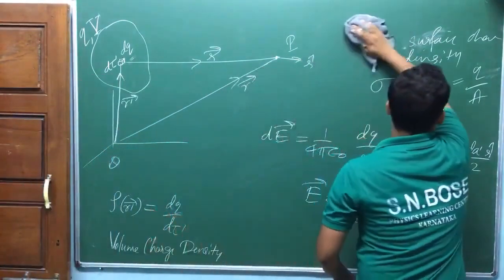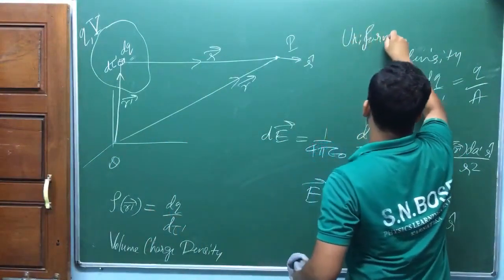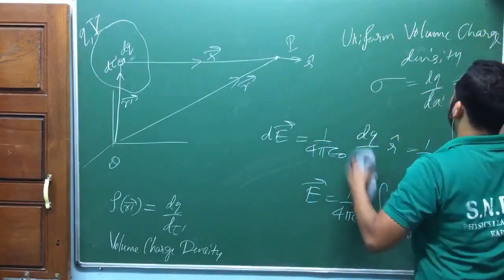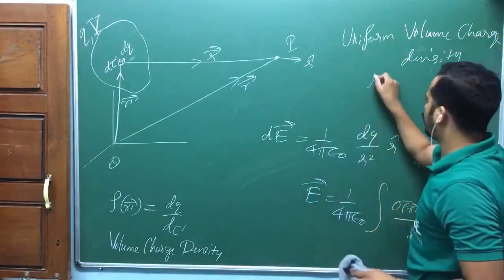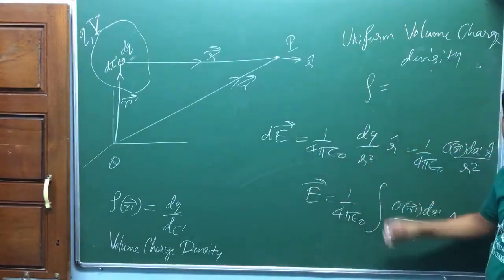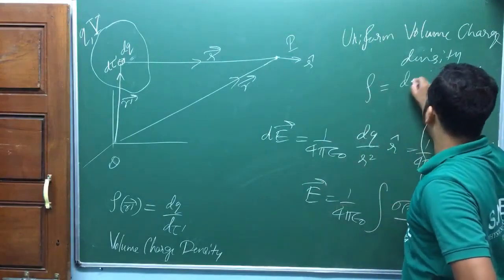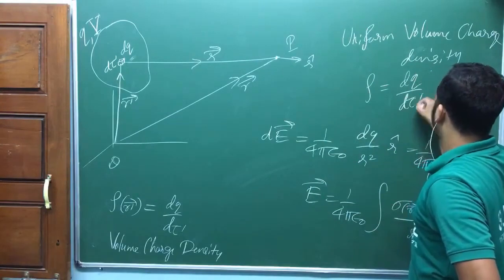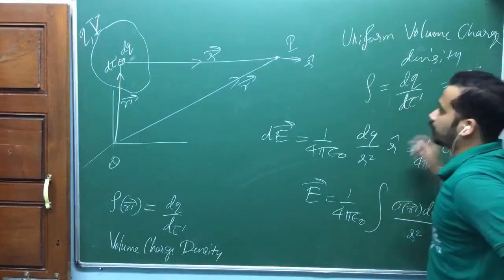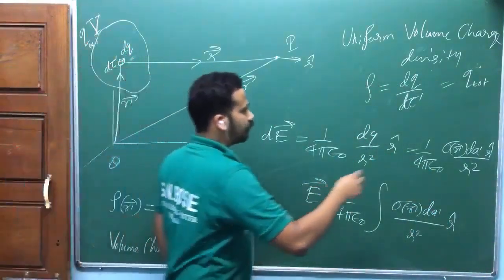Now, in case of uniform volume charge density, what can you write? Rho will not be a function of r prime if it is uniform. Uniform means constant throughout the region of the volume, whatever point you take. That rho you can write as dq divided by dτ prime, or as total charge Q divided by total volume.